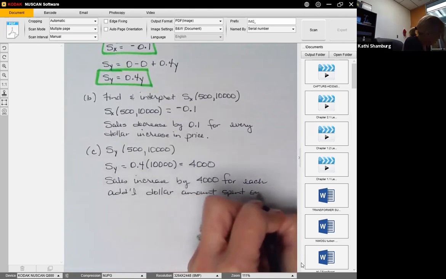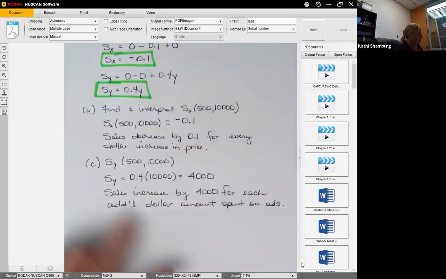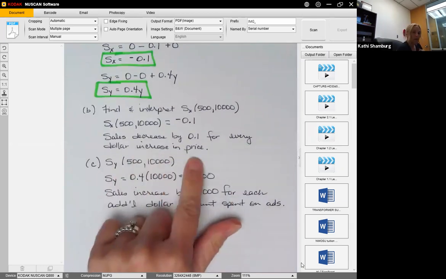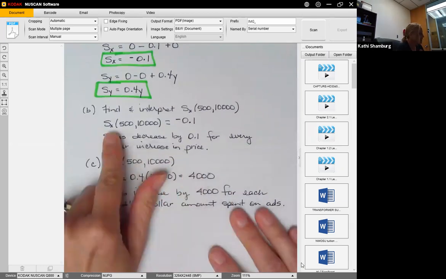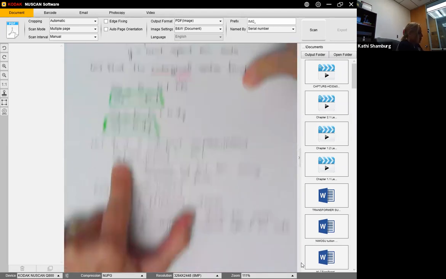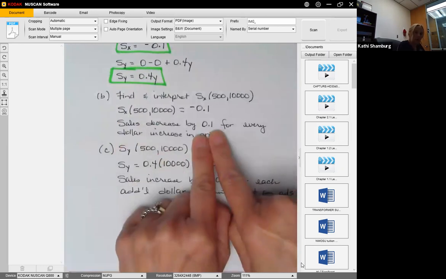spent on ads. Now, notice how here it says for every dollar increase in price. Why did I put that? Because this is x, and x is your price of the TV. So for every dollar increase in price, your sales are going to decrease.